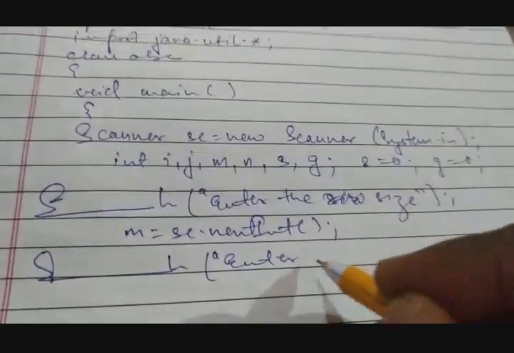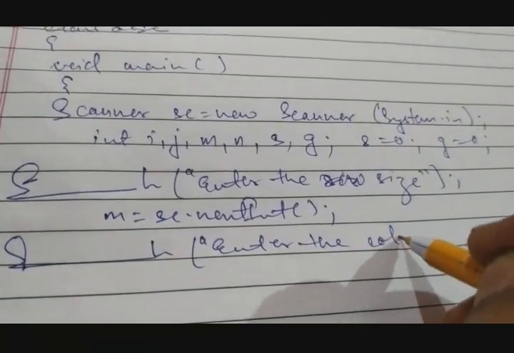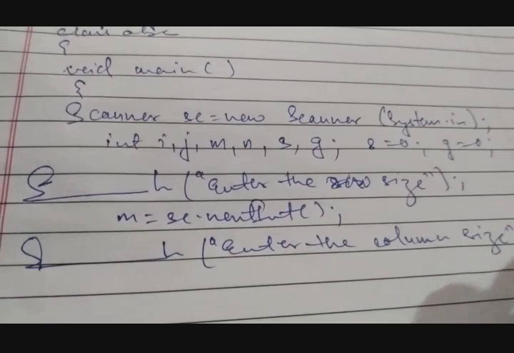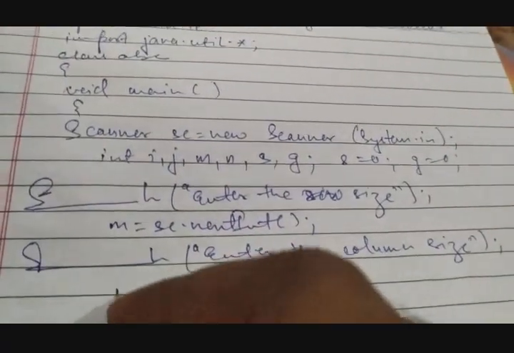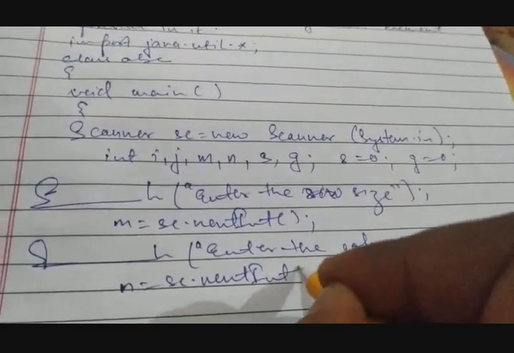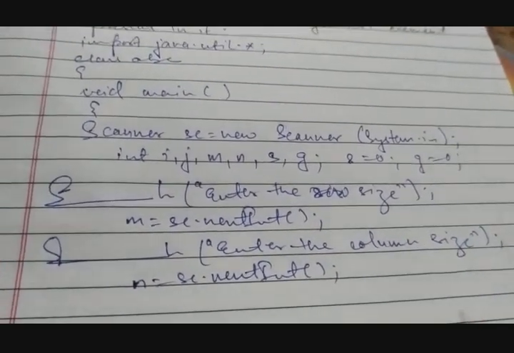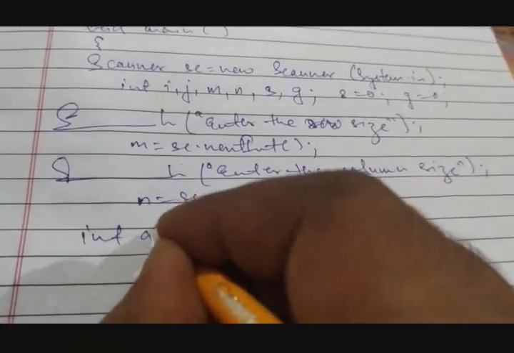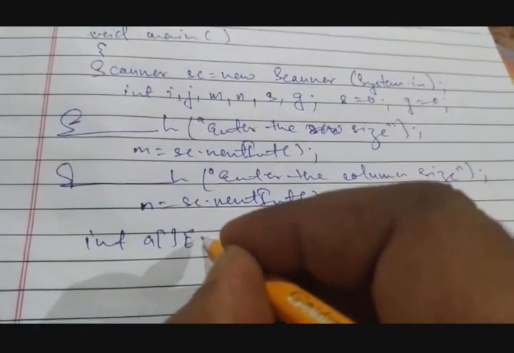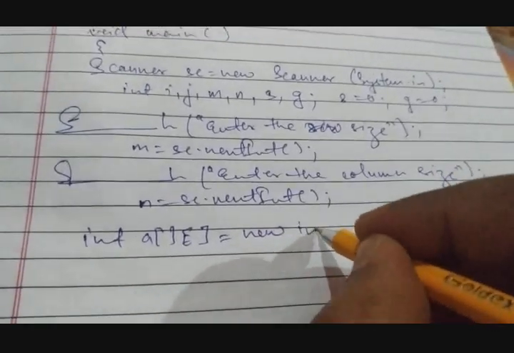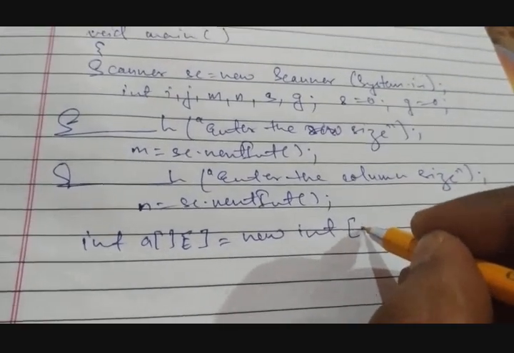Enter the column size. n equals sc.nextInt method. Now declare an array: int array equals new int[m][n].